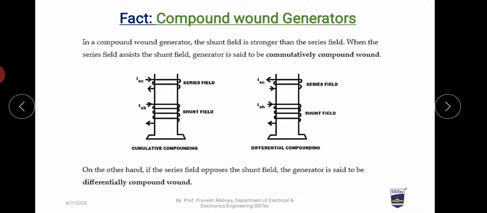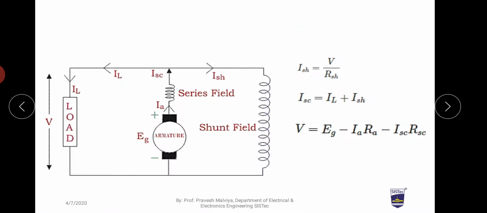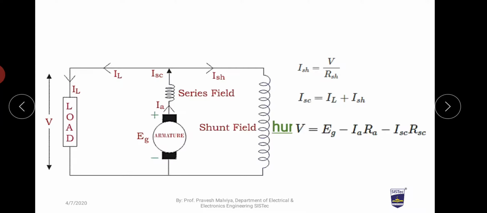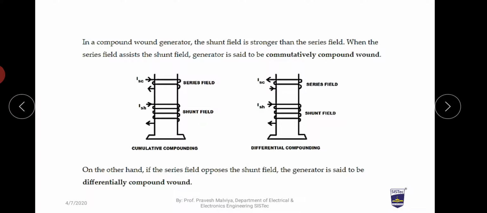Now let's discuss a fact about these compound wound generators. We discussed that there are two windings, series and shunt windings. On a single core, on a single pole, there will be two windings, one series and another shunt. When current flows through these windings, flux is set up in the entire core.